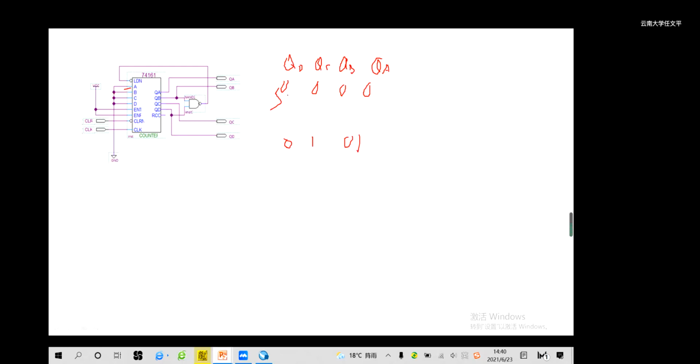The second number is 0001, then 0010, and so on. The last number is 0101. The total is 6. So the counter is the 6th value counter.